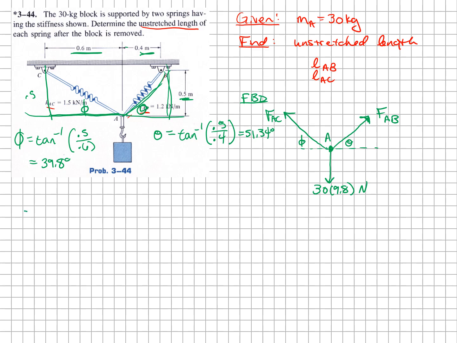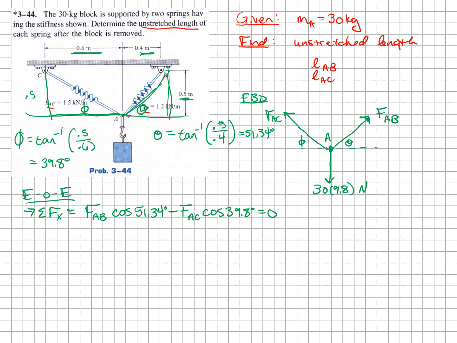All right, setting up my equations of equilibrium. Sum of the forces in the x direction, I have FAB times the cosine of 51.34 degrees minus FAC times the cosine of 39.8 degrees is equal to 0.